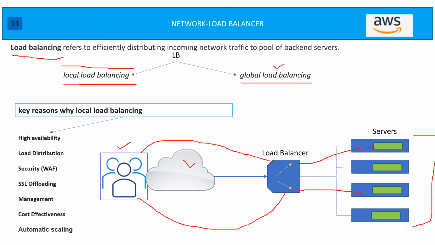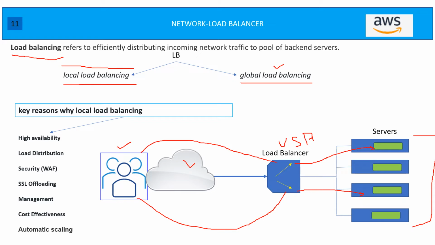So what do you need to do to maintain the latency, maintain the response time? You want to distribute your load based on the source. Let's assume I host this load balancer in the US.